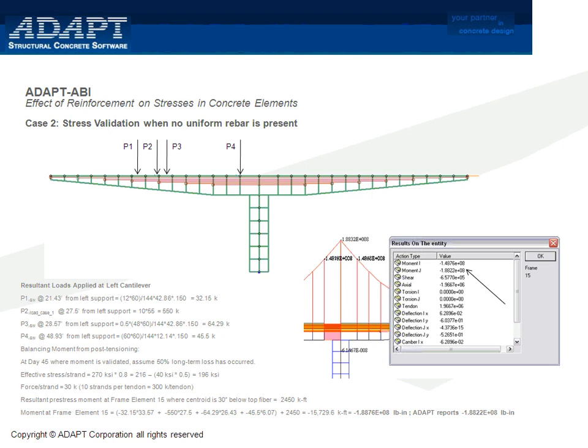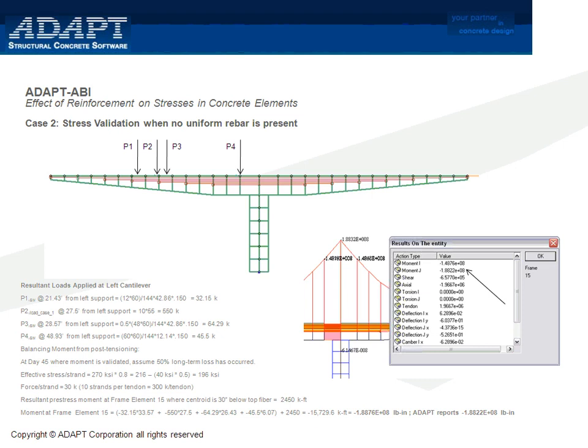The effective stress per strand is 196 ksi, where the effective force per tendon is 300 kips. The resultant pre-stress moment at frame element 15 was calculated as 2450 kip-feet, and the moment at frame element 15 is taken as negative 1.8876 e to the positive 8. This is essentially the same that's reported by ADAPT.